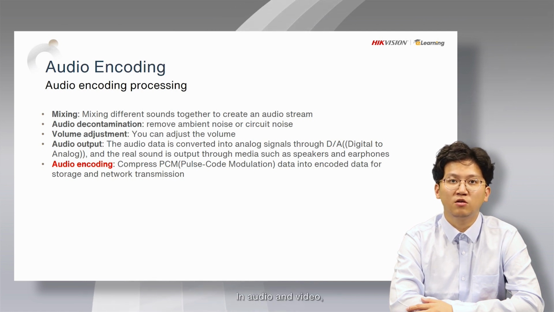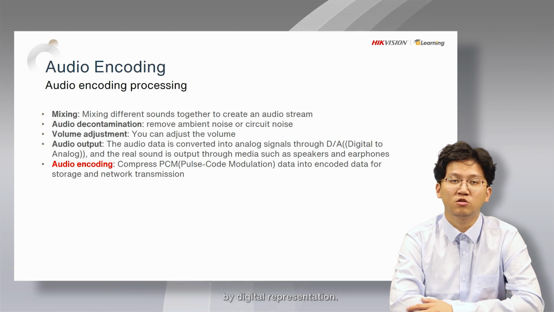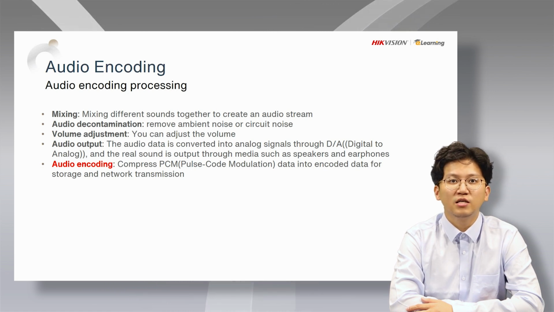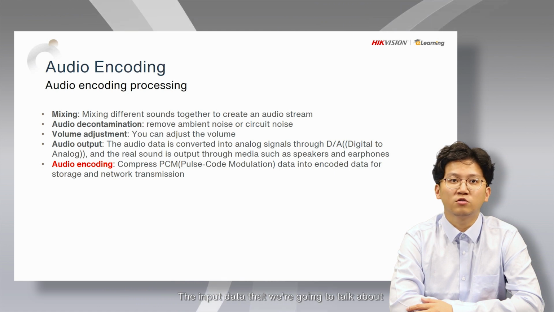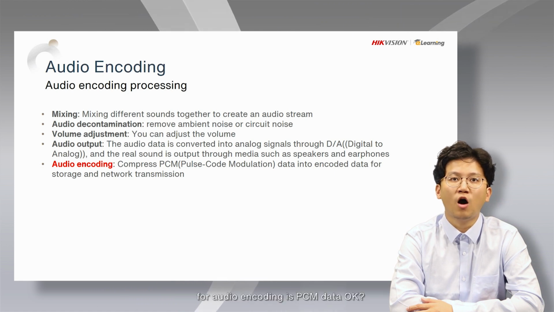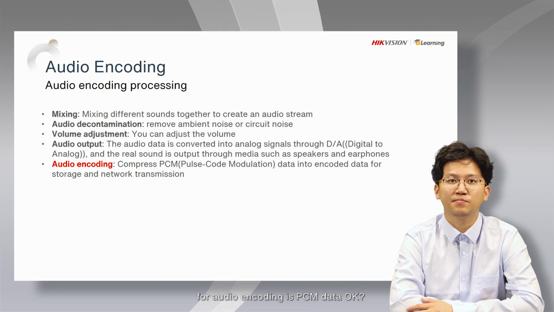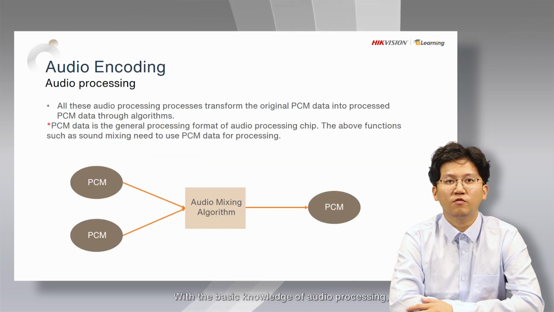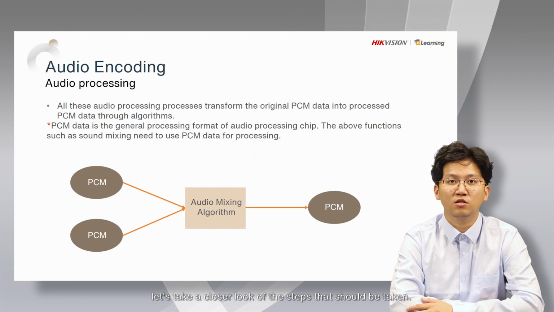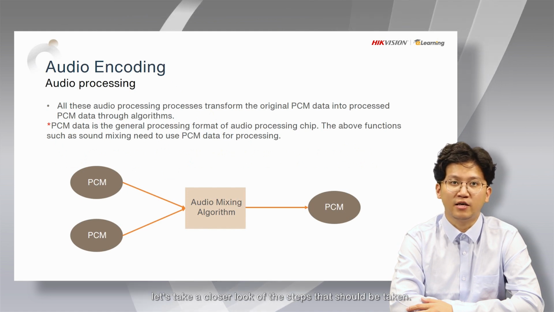In audio and video, PCM is a method of representing sampled analog signals as digital signals. The input data that we are going to talk about for audio encoding is PCM data, okay? With the basic knowledge of audio processing, let's take a closer look at the steps that we should take.